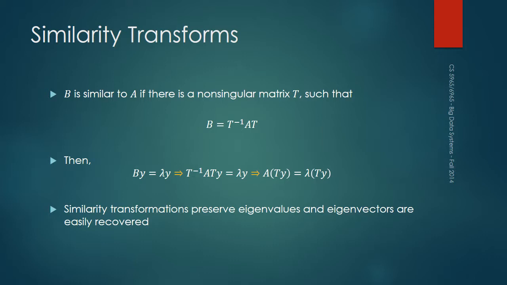Please make sure you understand this, because this would be one concept I want you to take home at the end of the day. Right? Do you see why the eigenvalues are the same? Replace Ty by Z. So if I replace Ty by Z, what do I get?